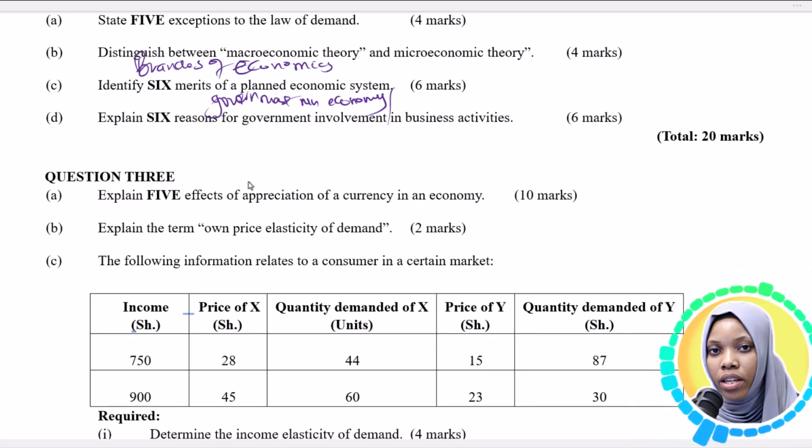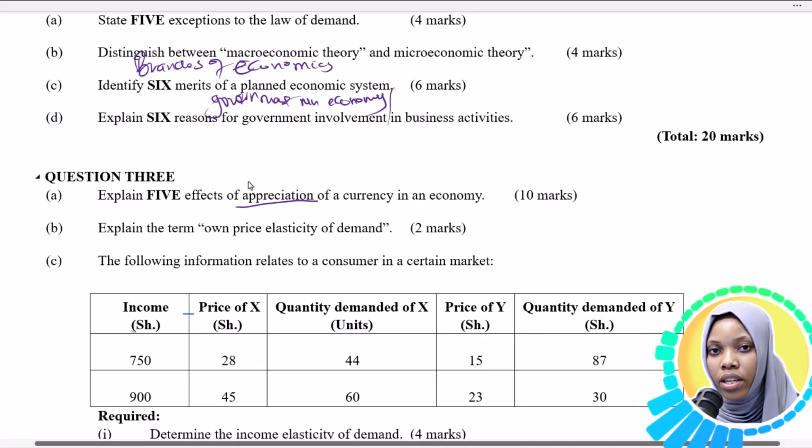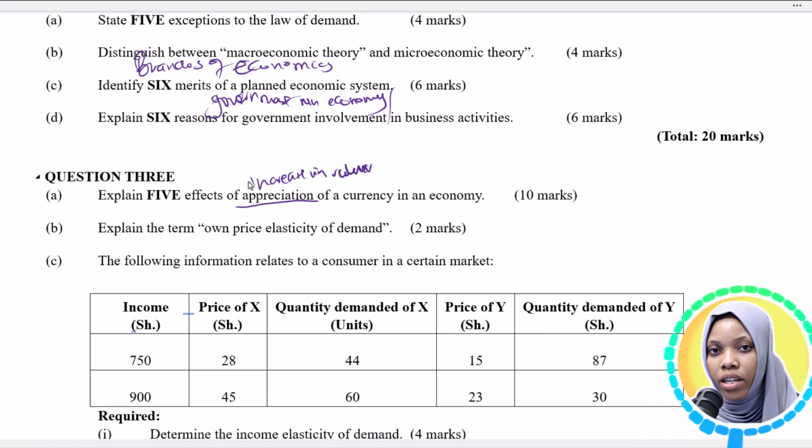Effects of appreciation of a currency. This is the increase in value of one currency relative to other countries' currencies.